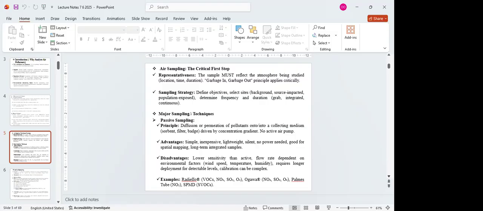I'm talking about aids like the filter paper, a badge, a solvent. Like the other time, I mentioned booms when it comes to oil spills. So the principal thing is the diffusion or permeation of pollutants onto or into a collecting medium.